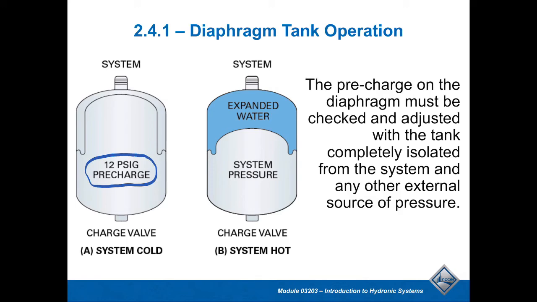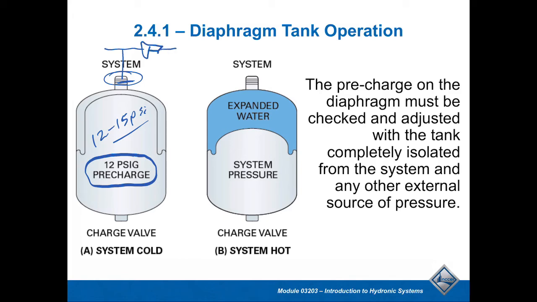Usually on most jobs we would set it up as a 12 psi pre-charge, but you want to set this up to whatever the expected pressure would be in your system. Wherever you locate that tapping, you want to set the tank to that pressure. Most residential jobs are somewhere in that 12 to 15 psi range, which is very typical.